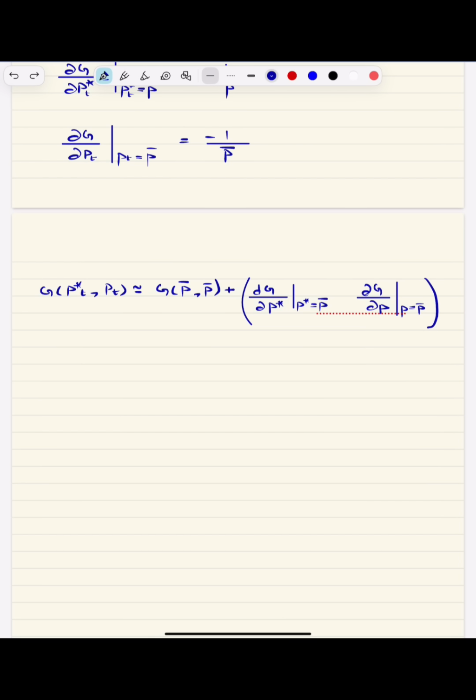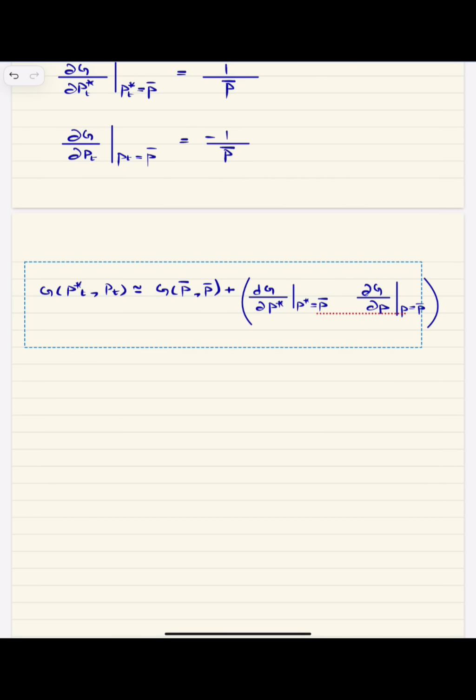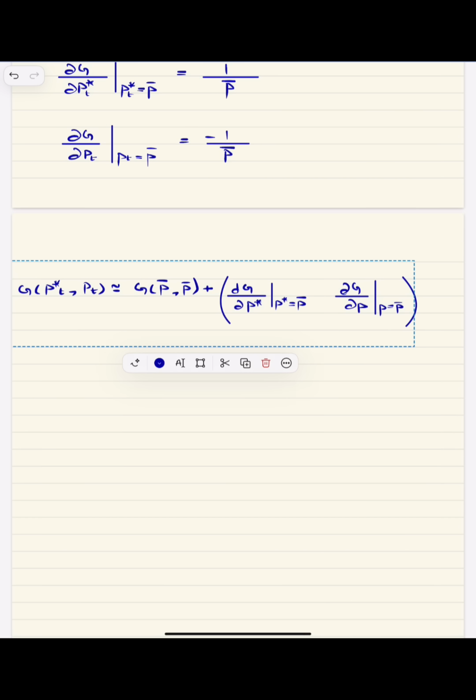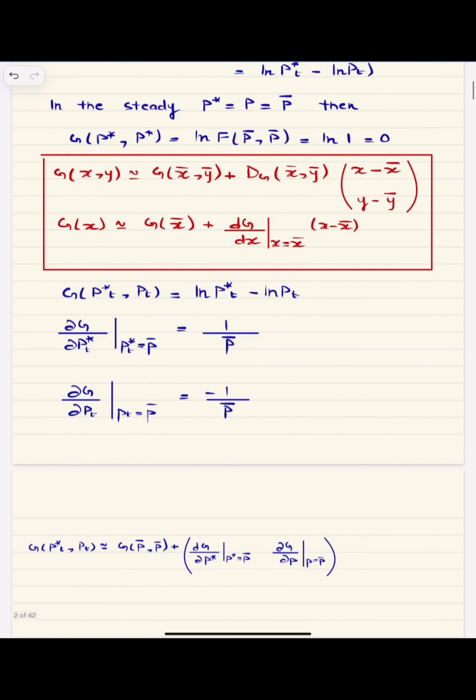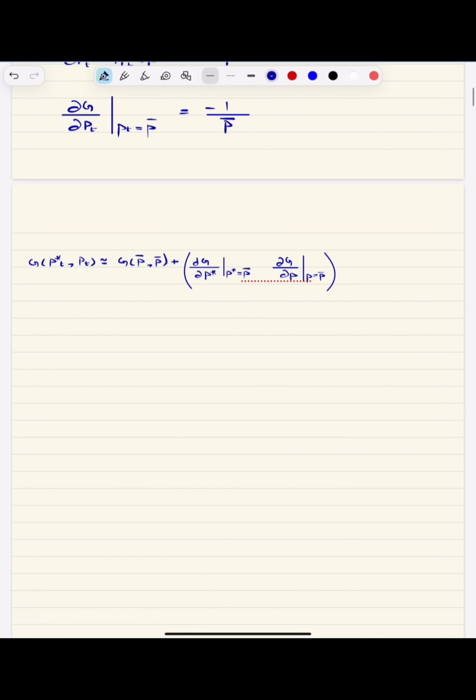This is multiplied by the column vector of deviations from the long run, which is P star minus P bar and P minus P bar, with time in the subscript.